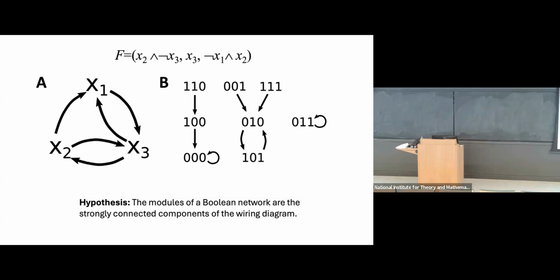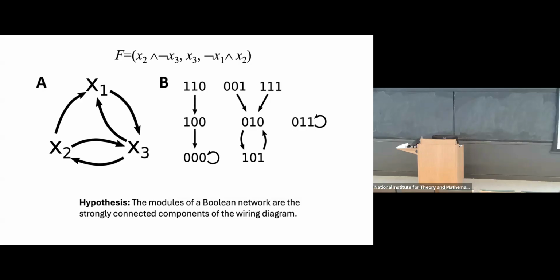So our hypothesis was that the modules of this Boolean network would be all the subsets of this graph, all the subgraphs of this graph that are strongly connected in the sense that between every 2 nodes in this subset, you have a directed path.